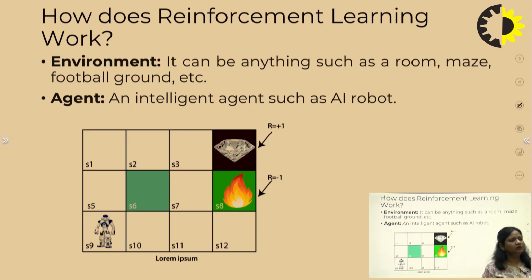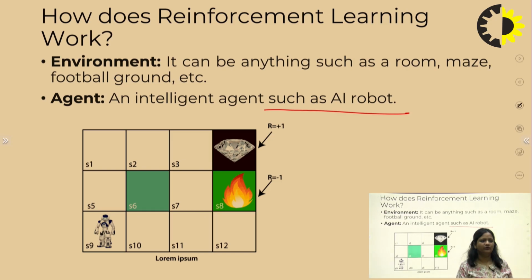Okay, now let us understand how reinforcement learning works. Environment: in this example, we can understand it as a room. The environment can be a room, a maze, a football ground. Agent, such as an AI robot.